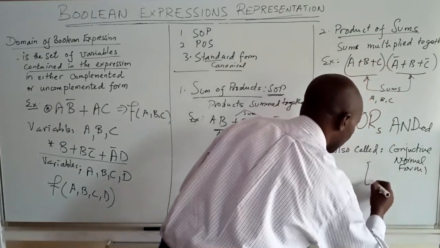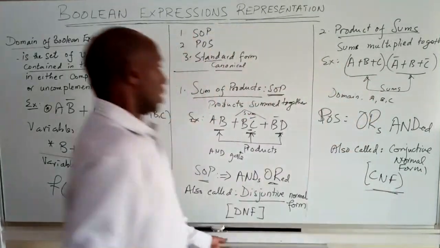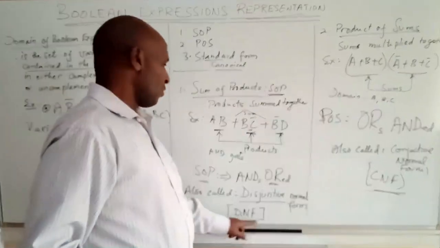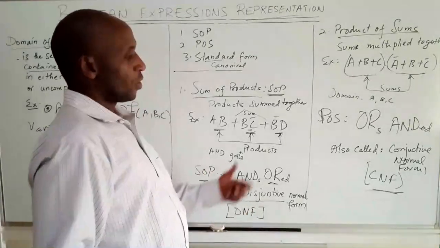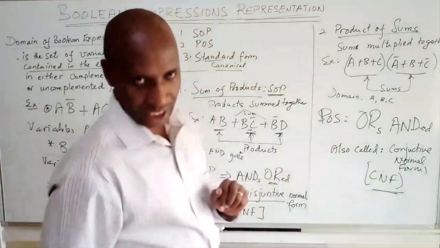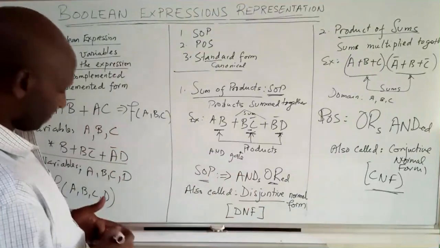So we can write like this. Good. So these are other names. If we say DNF, understand that this is SOP. Or if we say CNF, understand that it is product of sums. So these are names, but they are similar.